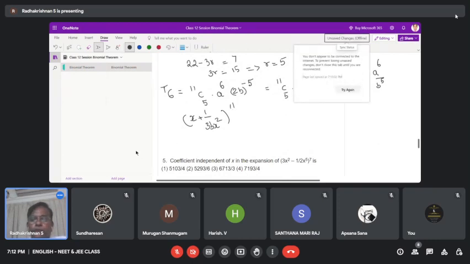Okay, so what is the T r plus 1 for this? 11Cr x to the power of 11 minus r into (3bx square) to the power of minus r.